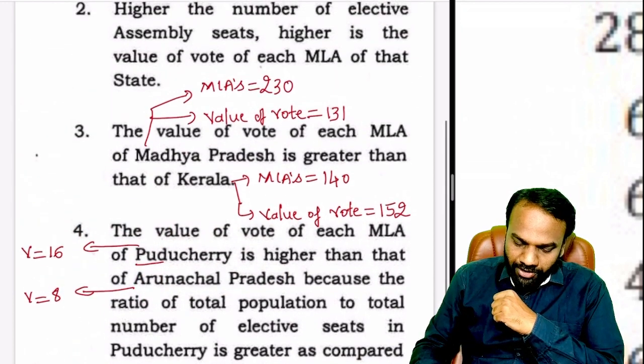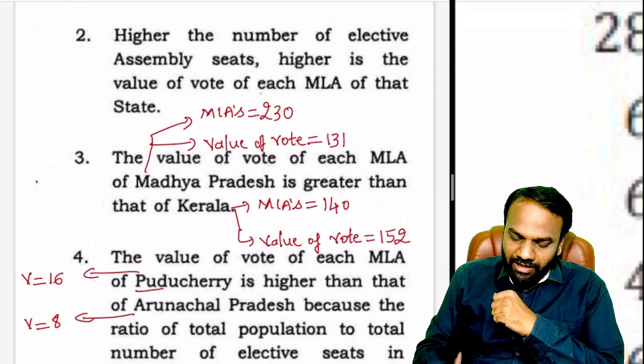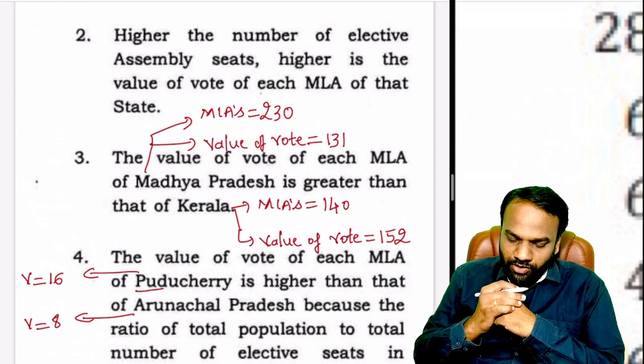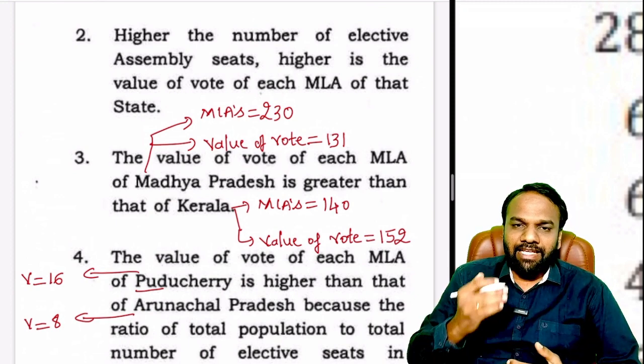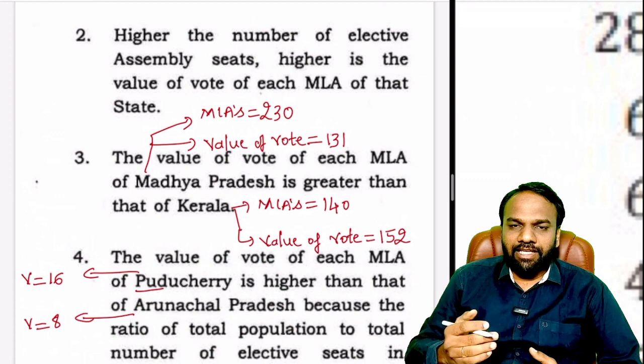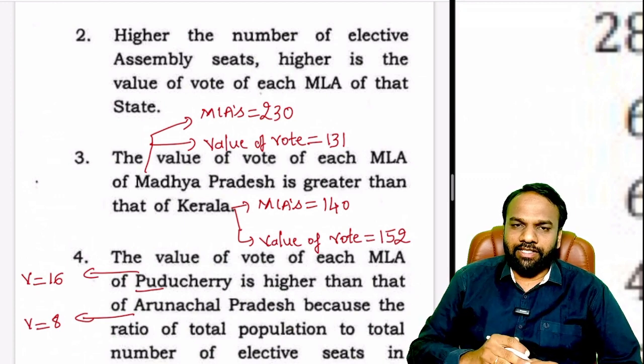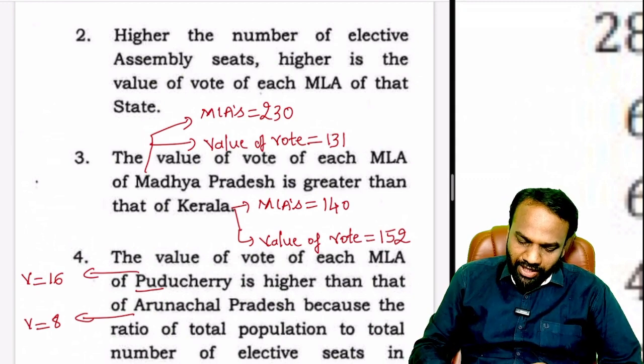Now coming to option number 2, they say higher the number of elective assembly seats, higher is the value of vote of each MLA of that state. It means that when the number of MLAs increases, the vote value also increases. Let us check whether it is right or wrong with the help of an example. Here I have taken the example of Madhya Pradesh and Kerala.